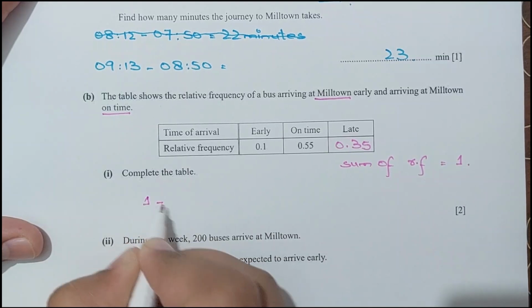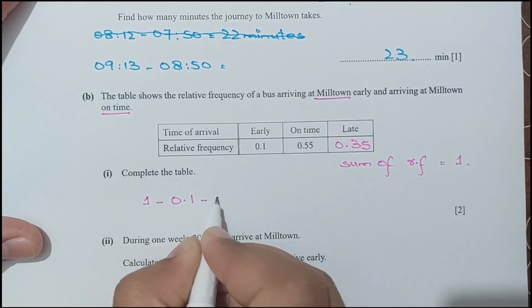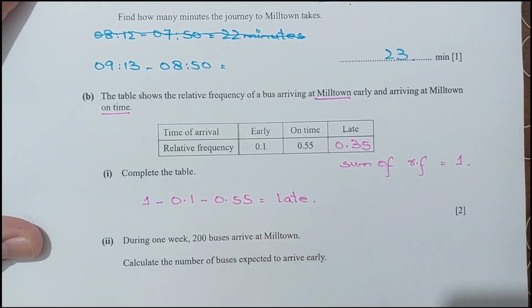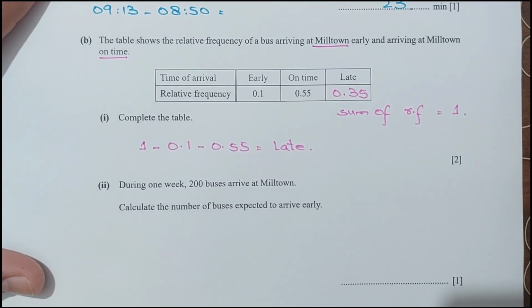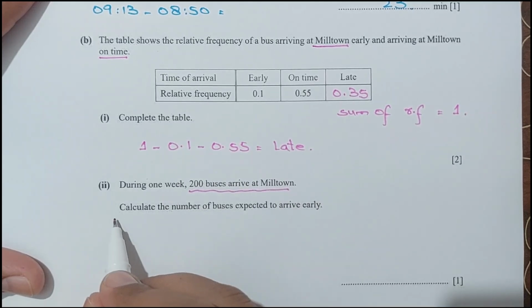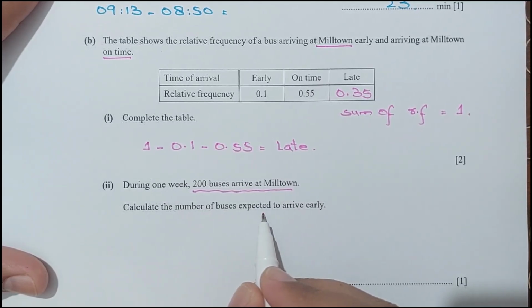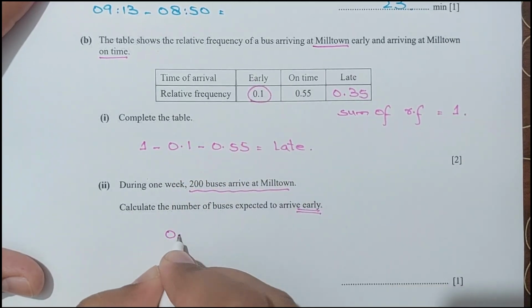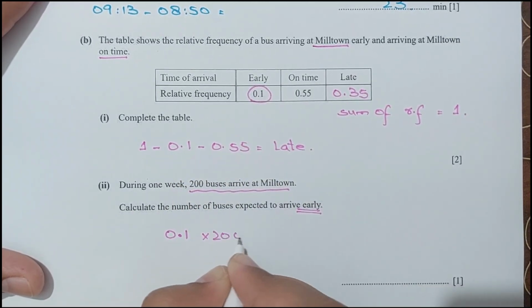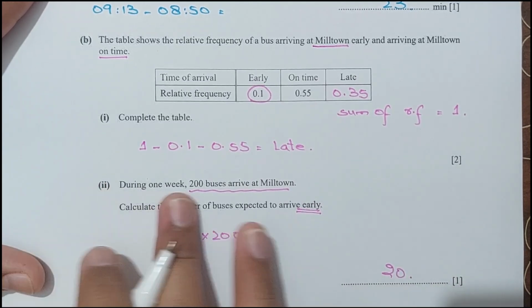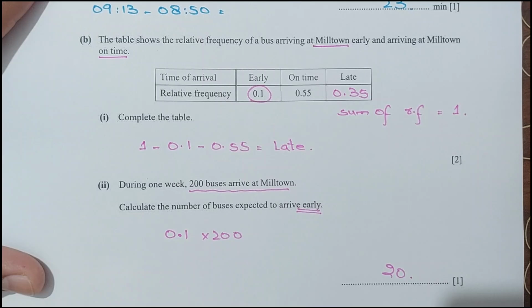So from 1 we subtract the early and the on time, and you will get the late. Now for the second part, during 1 week 200 buses arrive at Milltown. Calculate the number of buses expected to arrive early. Early relative frequency 0.1 times 200 is obviously 20. So 20 buses in a week out of 200 arrive at Milltown early.